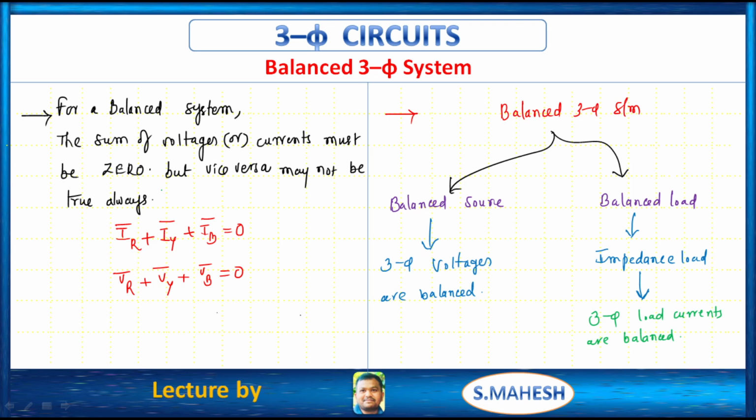But coming to balanced load, how many types of loads do we have? Simply we can call them impedance loads, right? Load means current. So three-phase load currents are balanced. And one more important point: source is not responsible to decide whether the system is balanced or unbalanced.